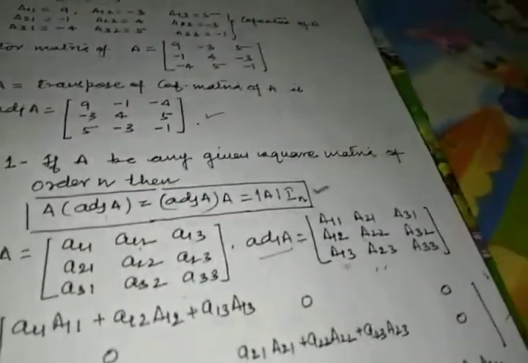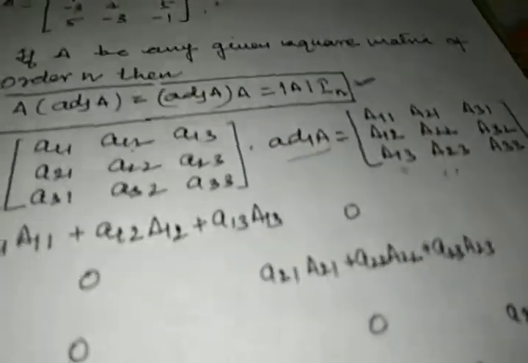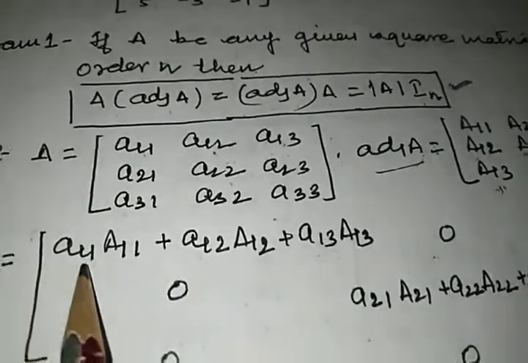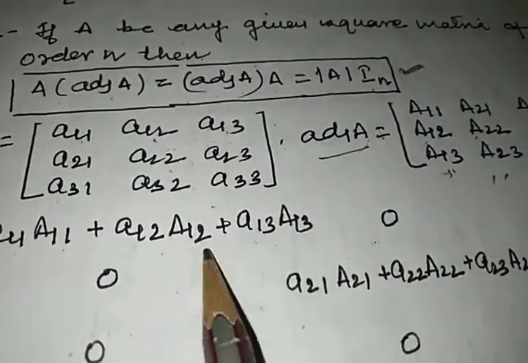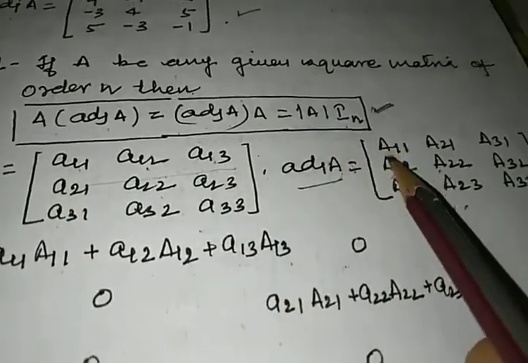Children, last time I told you, if you have done the last lecture, that if the cofactors of any different row or column are multiplied with the elements of any row of the matrix, the result is 0. The first thing here, first row first column, gives the same thing, A11 A11, A12 A12, A13 A13.